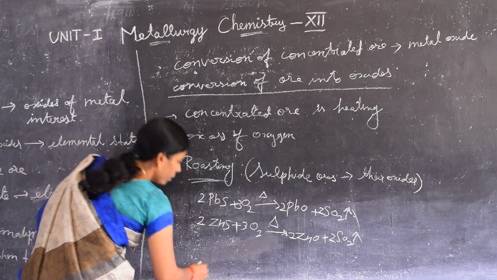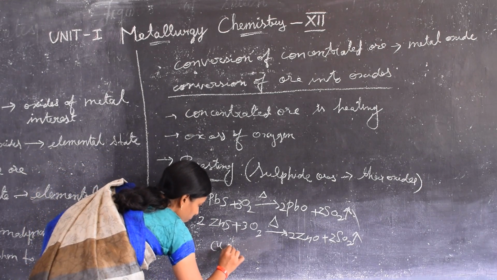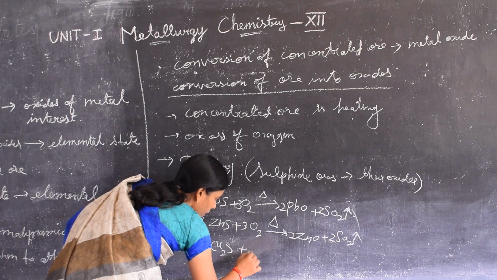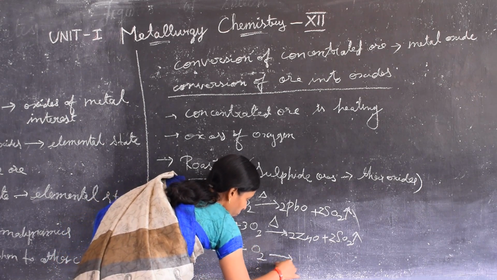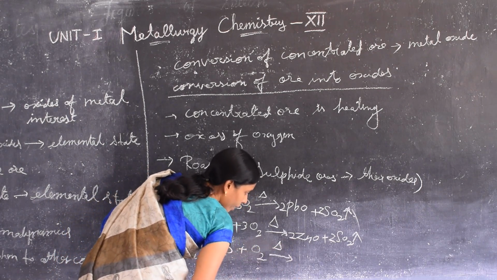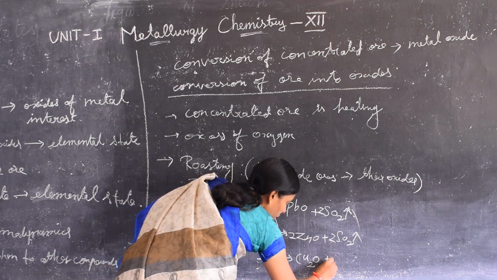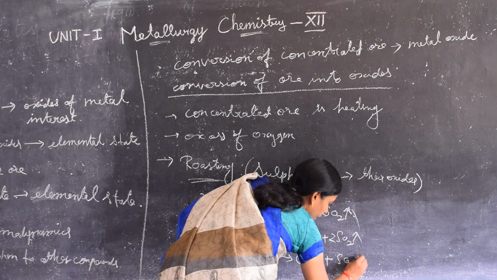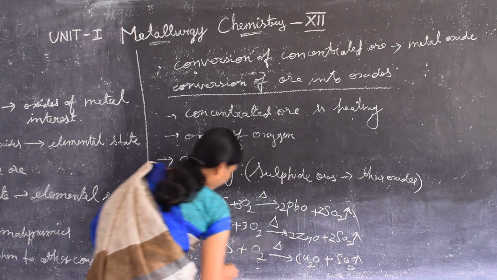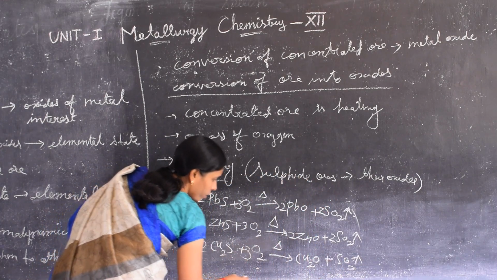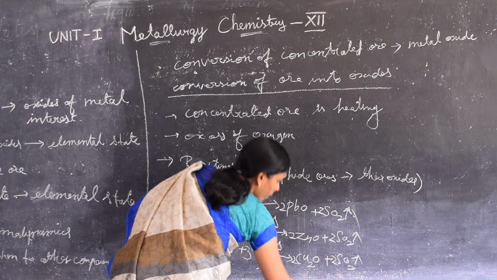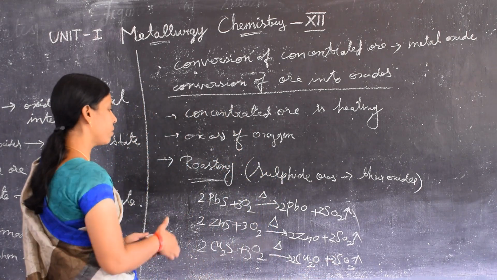The next one, Cu2S, is oxidized by heating to form its oxide, cuprite, Cu2O, and sulfur dioxide. Here 2, this oxidation is 2, here also 2, here 2. Okay, this is the process.